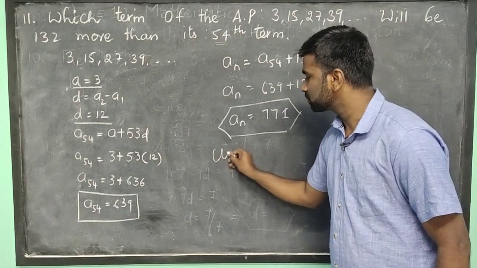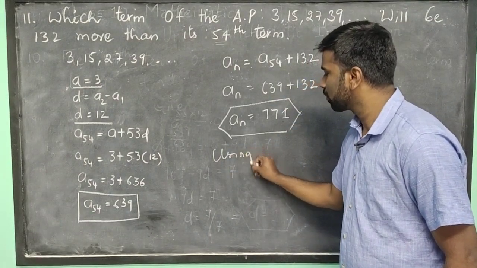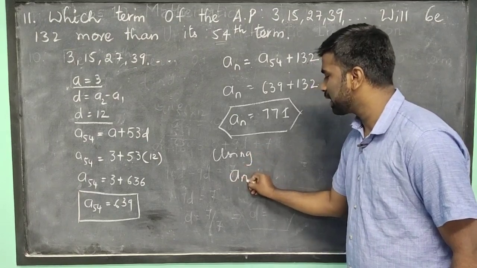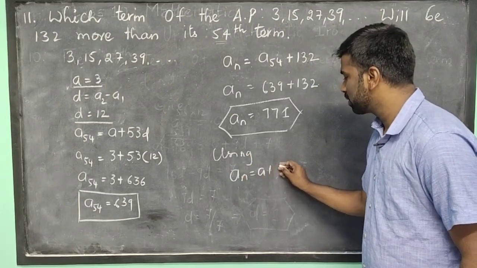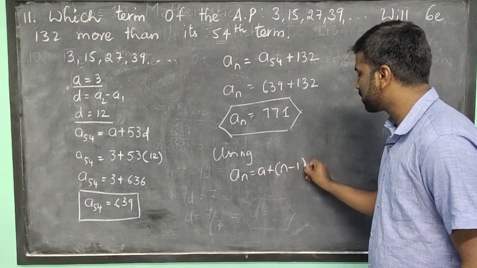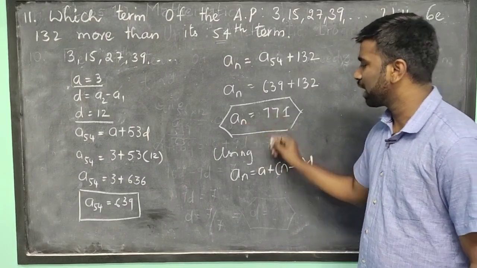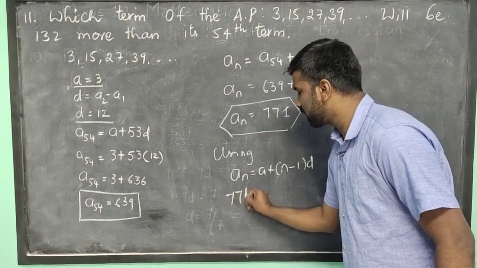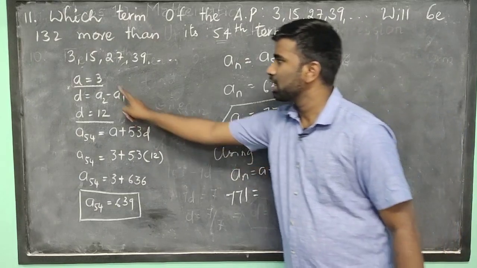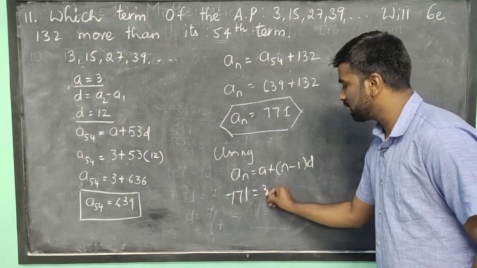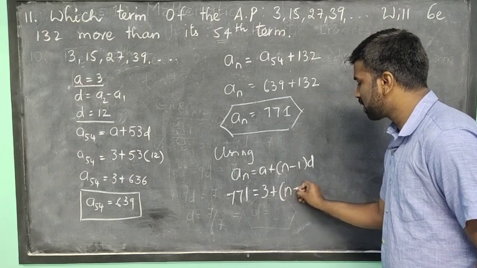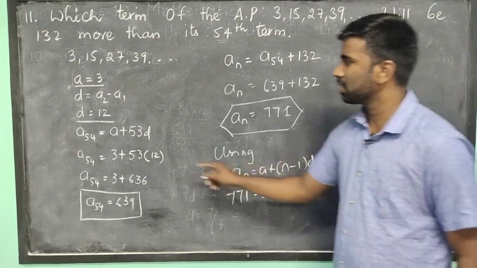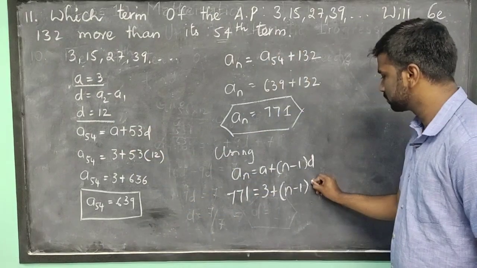Now using the nth term formula, an equals a plus n minus 1 into d. Now what is the value of an? 771. What is the value of a? Which is equal to 3 plus n minus 1 into the value of d, which is 12.